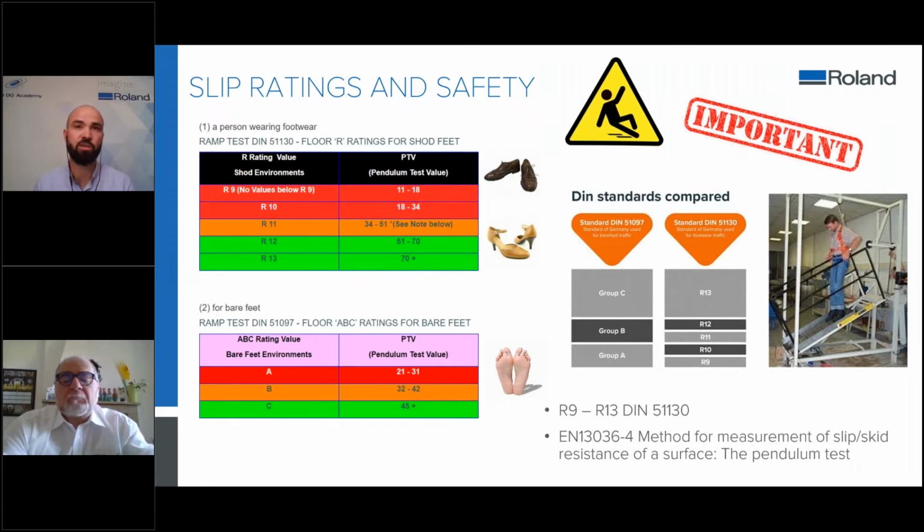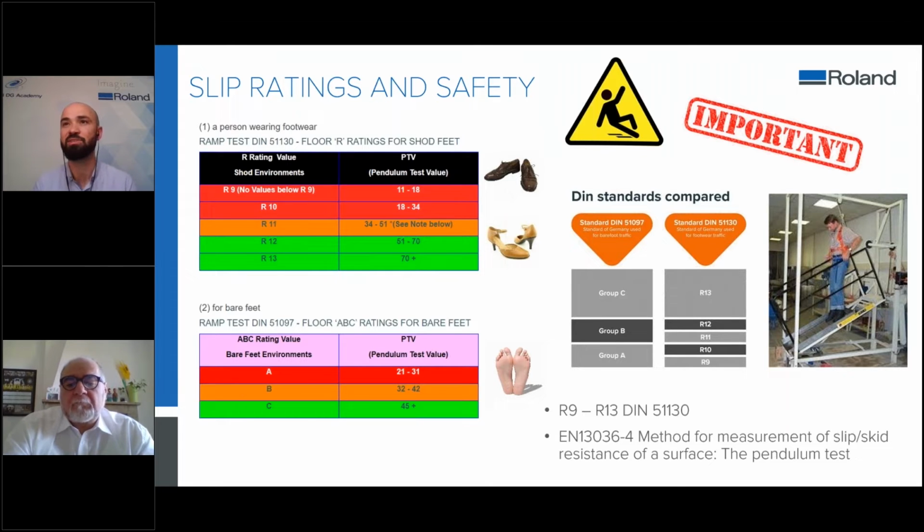So in essence, slip ratings are broken down into a couple of different ratings. This is mainly in the UK or in Europe that we're talking about. So they're basically broken down into a DIN standard, and then there's an EN standard as well. So the DIN standard is 51130, and the ratings go from an R9 up to an R13. Now these are based on a slip standard on a ramp.